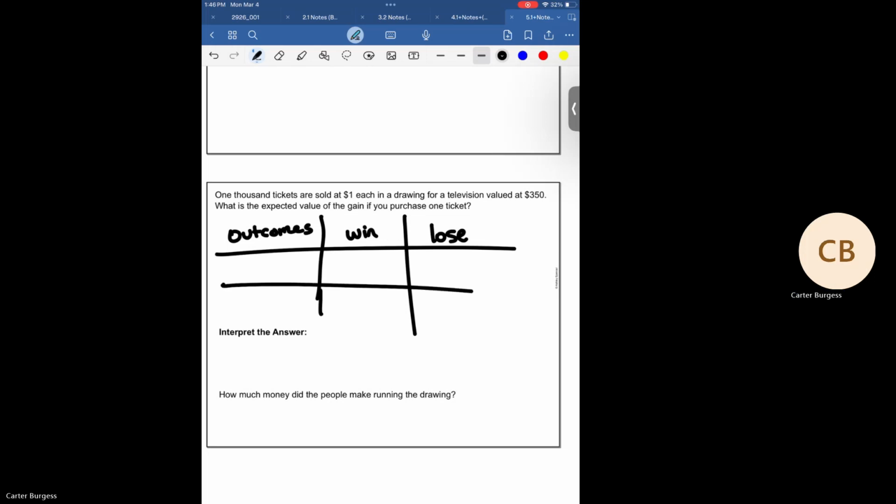Okay. So we need a way to take this information, the outcomes that are whether we win or whether we lose, and we need to translate this into something to do with monetary gain. So what would make sense for our random variable to be defined as, if what ultimately we are looking at is monetary gain?